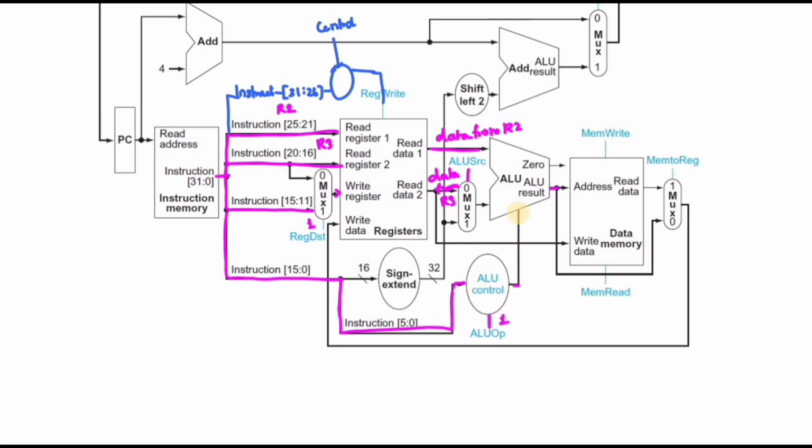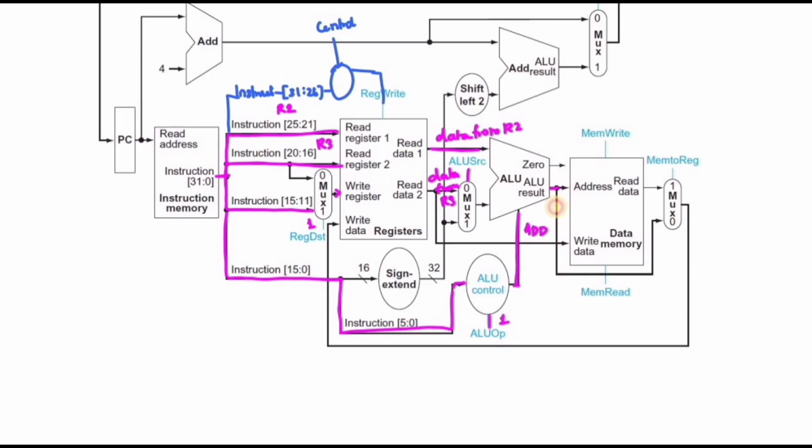In the above circuit, input 0 of the mux will be selected, so for that, ALU source must be equal to 0. The ALU will perform the operation specified by the ALU control.